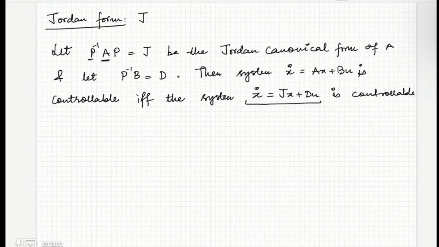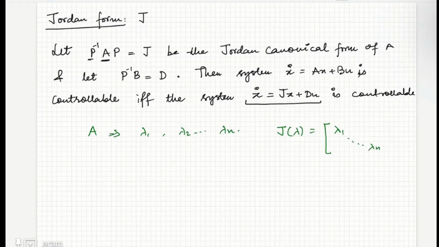In Jordan form, we have the diagonal structure based on the eigenvalues of the state matrix A. For example, let's say our matrix A has eigenvalues lambda 1, lambda 2, up to lambda n, and all of them have multiplicity 1. Then the Jordan matrix will be nothing but a diagonal matrix.